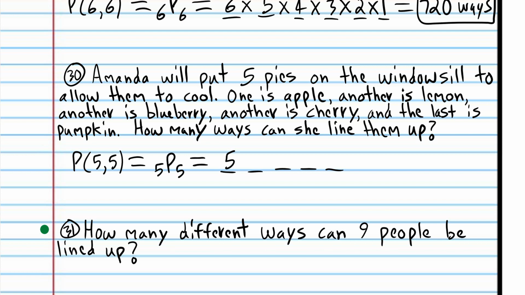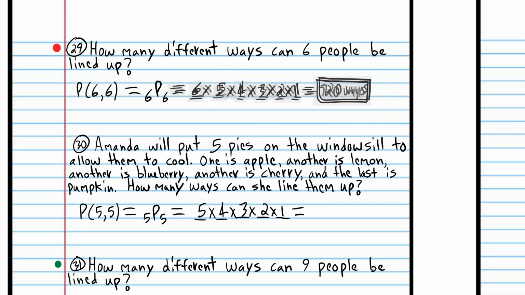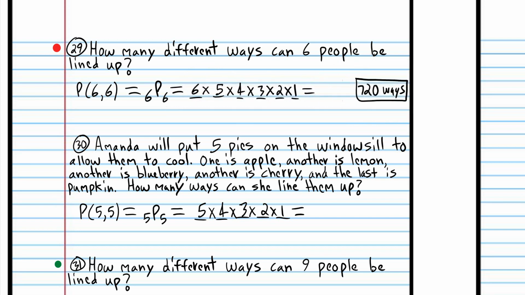Once she chooses her first pie, she only has 4 different pies left to choose for the second place on the windowsill, and 3 and 2 and 1. So all we have to do is calculate 5 factorial. And by the way, I'm going to go ahead and write the factorial just so you can see how to calculate that up here.